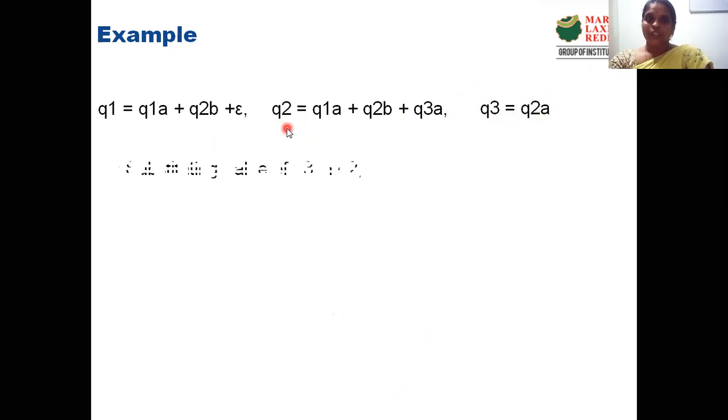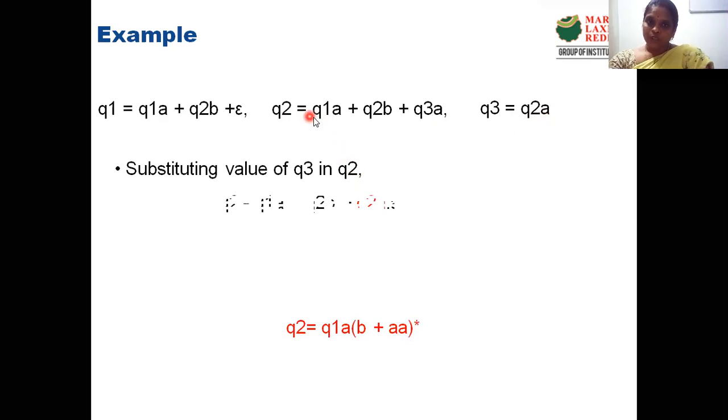Now substitute the value of q3 = q2a in this q2 here. So substituting q3 = q2 into a in q2, the equation becomes q2 = q1 into a plus q2 into b plus q2 into a into a. So that can also be written as q2 = q1 into a plus q2 into (b plus aa).